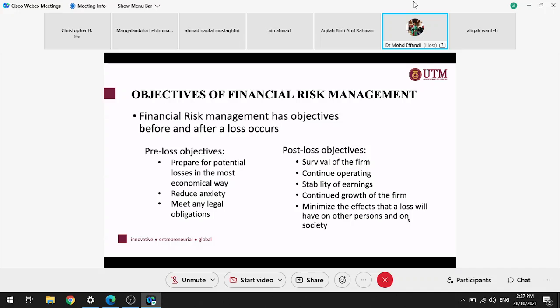Instead of just doing our business, at least we are preparing ourselves. The company will prepare themselves to absorb the loss, or the risk, but try to minimize it as much as possible. That is the most economical way. So that is the pre-loss objective.